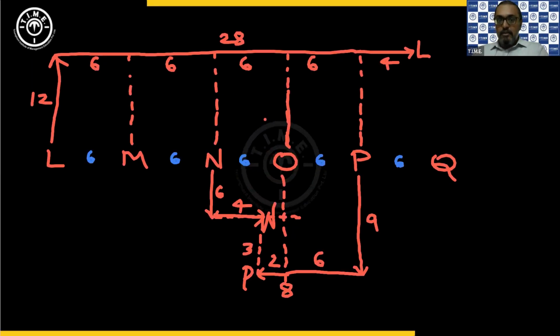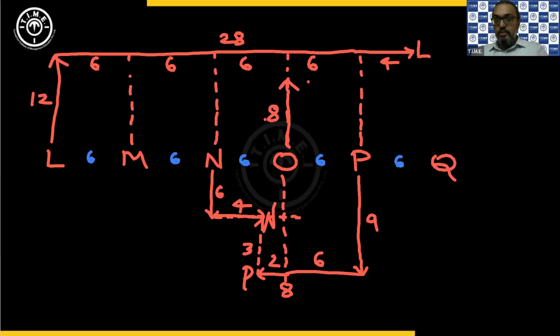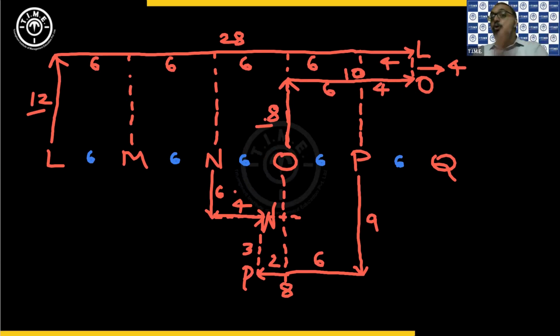Then turns right and walks 10 meters to reach the final position. See, now we know this is 6 and another 4. So this is 10. So this is O, which is south of L. And I know this distance here is 4 because you have a 12 and an 8. The balance is 4. So we have L, N, O, and P fixed.